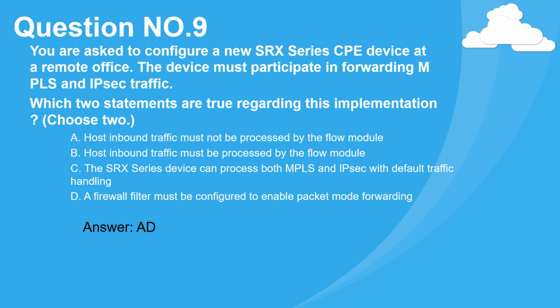B. Host inbound traffic must be processed by the flow module. C. The SRX Series device can process both MPLS and IPsec with default traffic handling. D. A firewall filter must be configured to enable packet mode forwarding. Answer A, D.